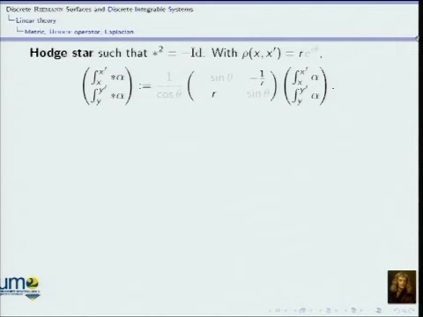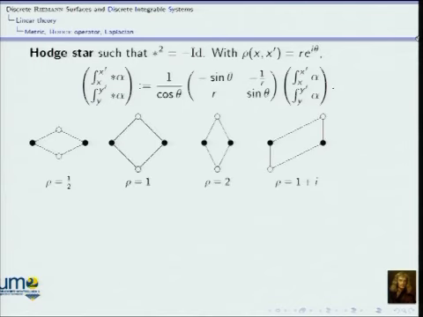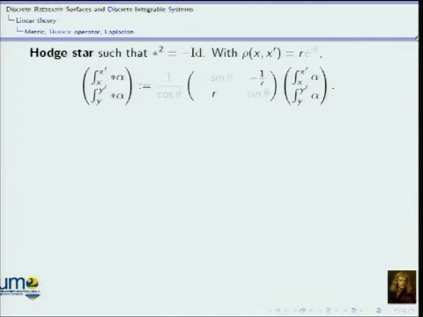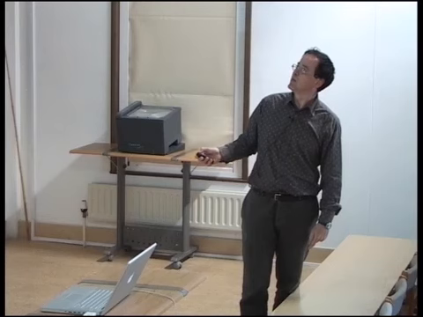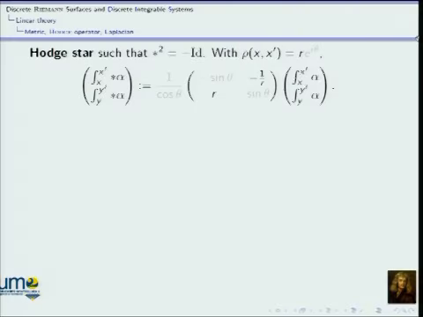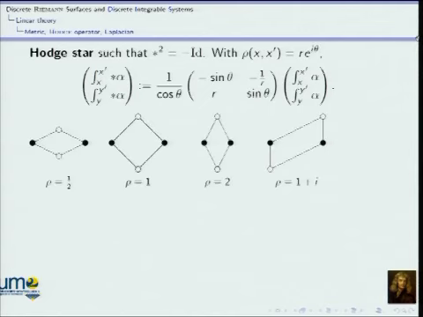So now I'm going to go into what changes when rho is a complex number. We just saw that the Hodge star is more or less the duality, multiplied by this local discrete conformal structure. But when locally these two dual edges are not orthogonal, it's a little bit more complicated.